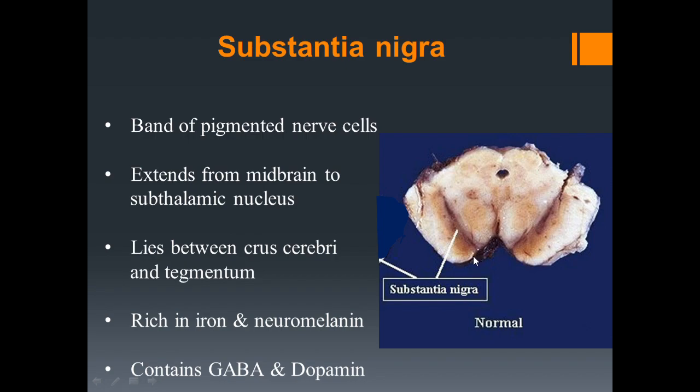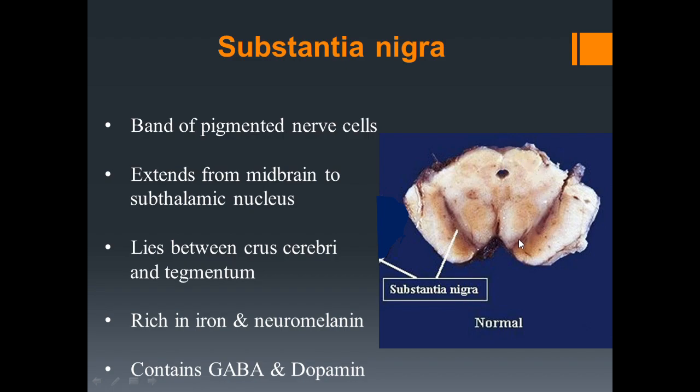This is the anterior aspect and this is the posterior aspect. Anteriorly, this is the crus cerebri. Then this part in front of the aqueduct is called the tegmentum, and posterior to the aqueduct, this is the tectum.